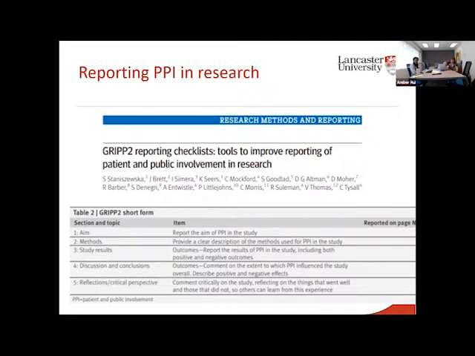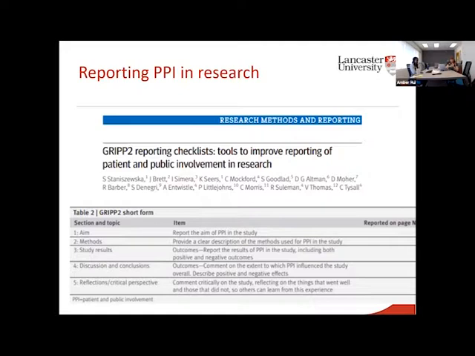So for example, if you wanted to do a meta-analysis or a meta-synthesis, combining data from across lots of studies to explore how different approaches to PPI have led to different outcomes, then that's only possible if the way in which the PPI has been carried out is reported really, really clearly.